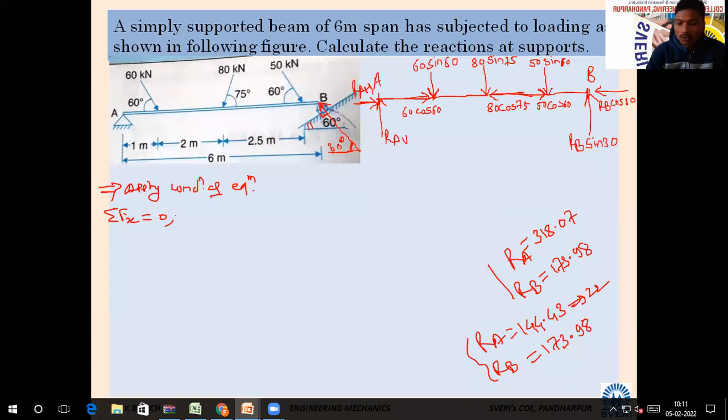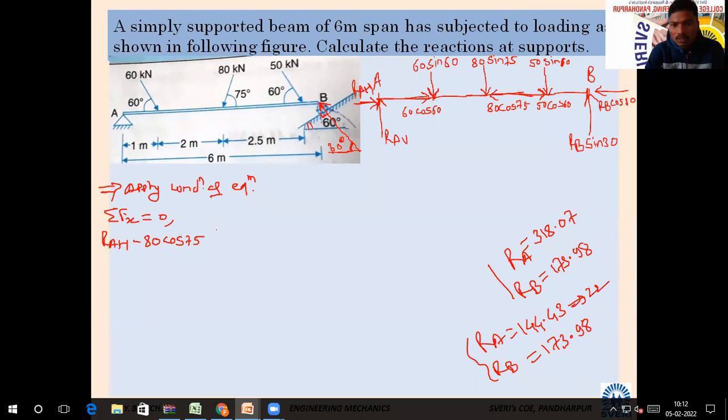So RAH is going towards right, so it will be positive. Then the horizontal component 80 cos 75 is going in the negative direction of the x-axis, so it will be negative.